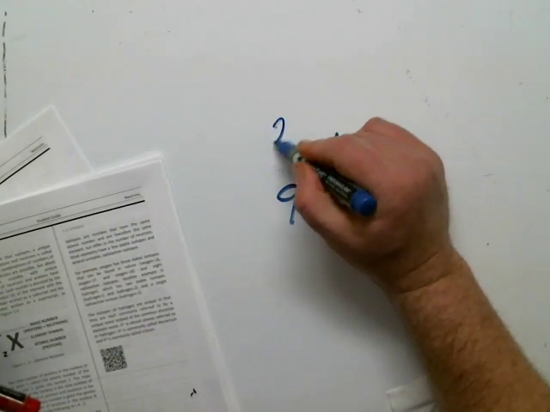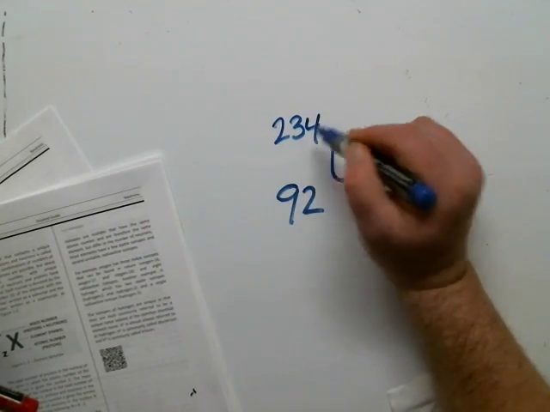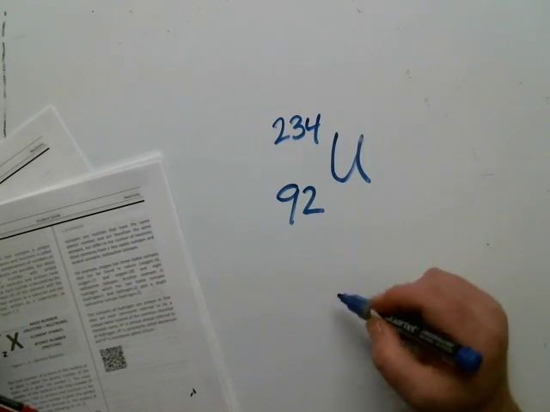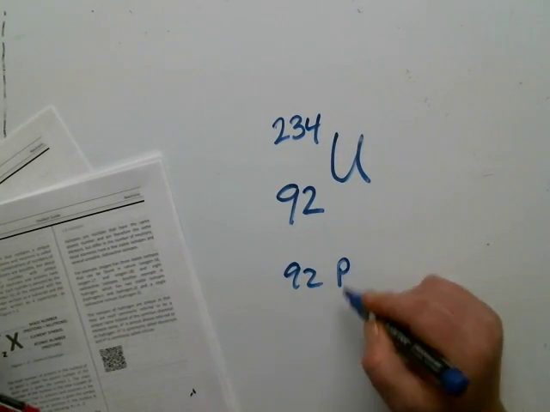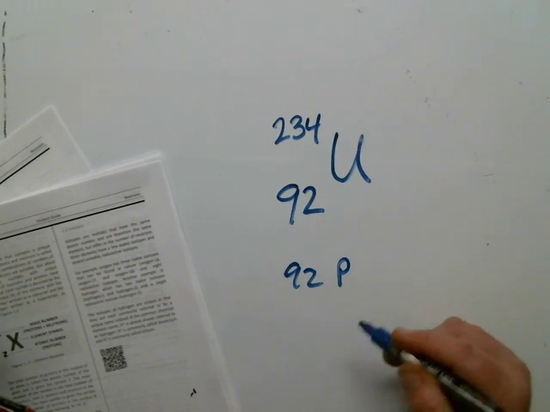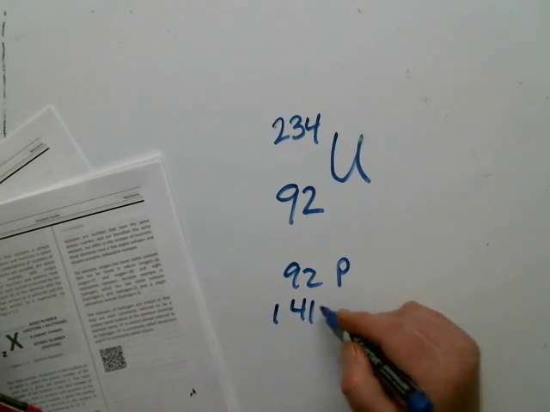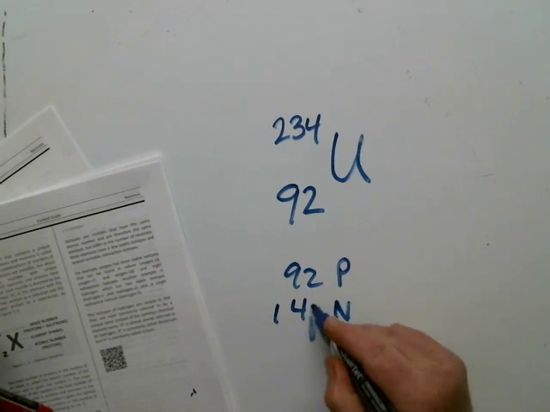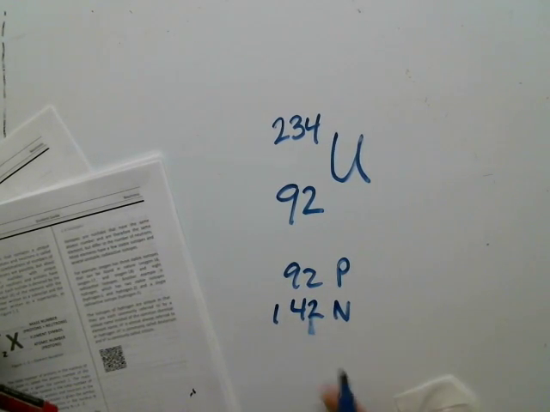So let's say I have 92 uranium-234. I could subtract 92 from there and see that I have 92 protons and I have 141 neutrons. Oh, bad math, 142. That would equal 234 nucleons.